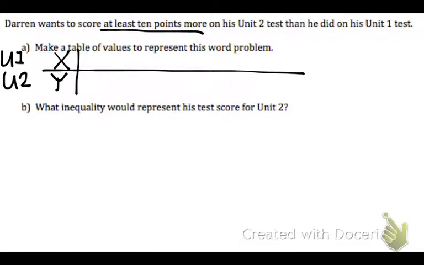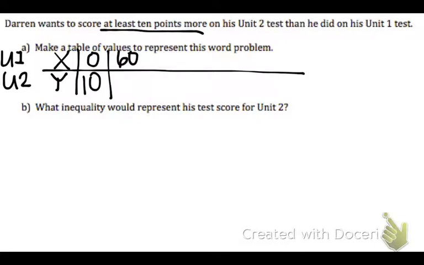So let's say that Darren completely bombed Unit 1 and got a 0. He wants to get at least 10 more on Unit 2, so that means he wants to get at least 10. What if Darren got a 60 on Unit 1? What would he want to get at least on Unit 2?